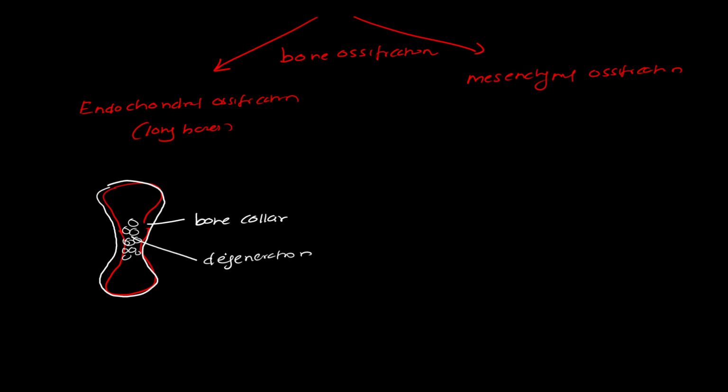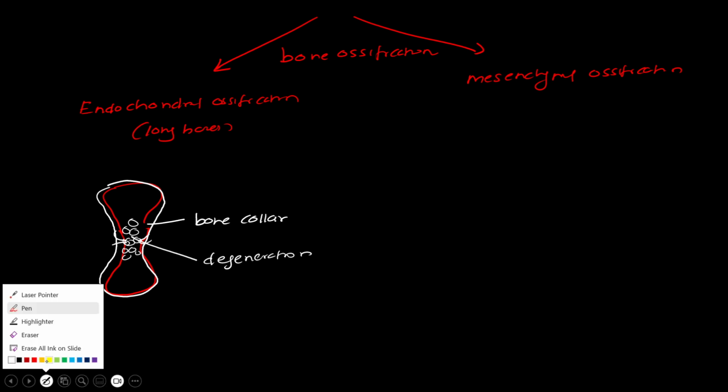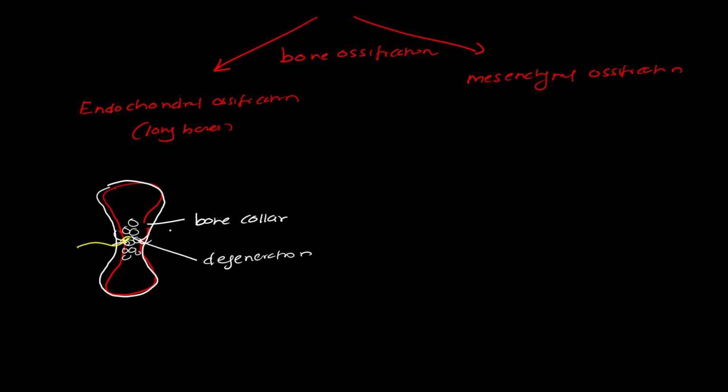it will start producing certain chemicals that will allow blood vessels to grow into the cartilaginous model.